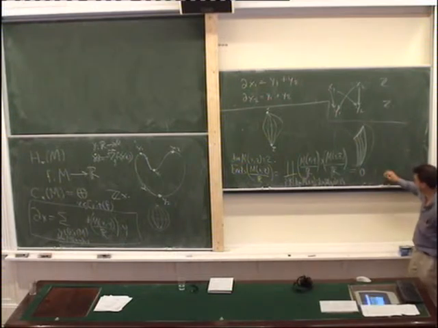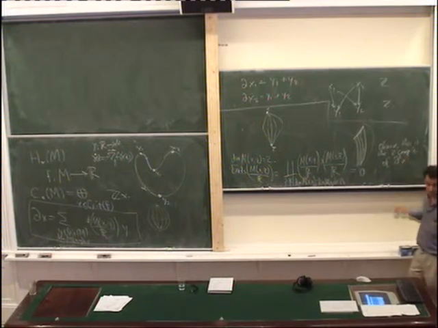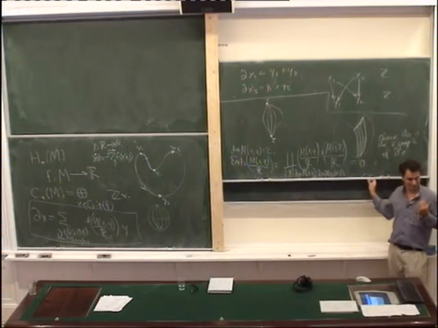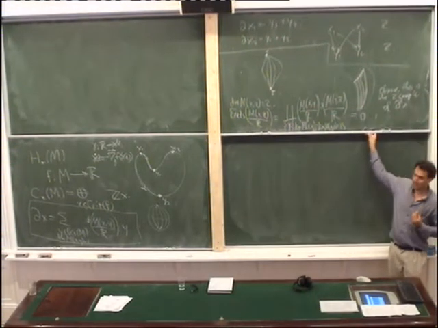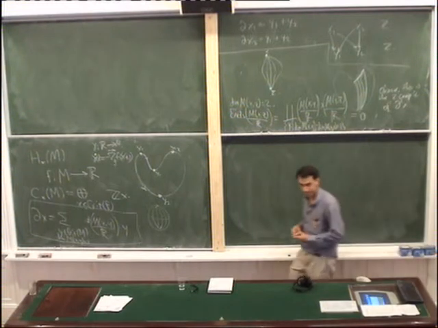On the other hand, observe that this is the z component of d squared of x. So we've just proved that d squared is equal to 0. This is an independent proof that d squared equals 0, which uses only the compactness properties of gradient flow lines.